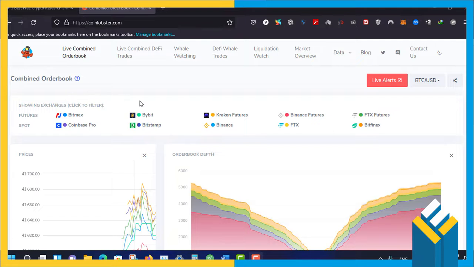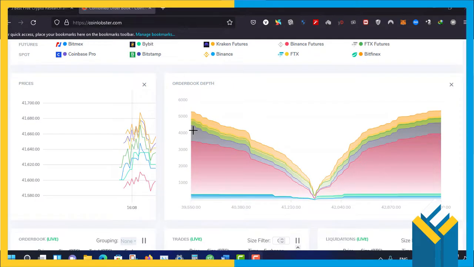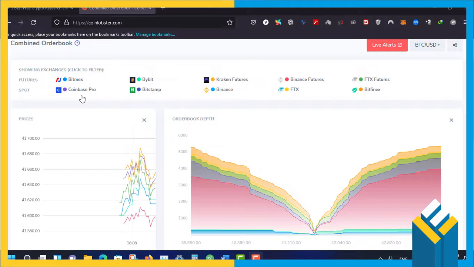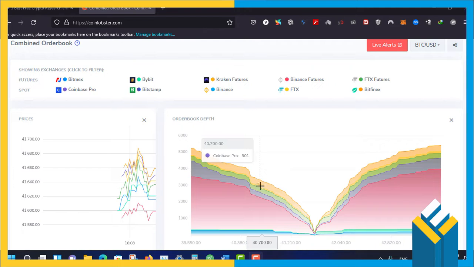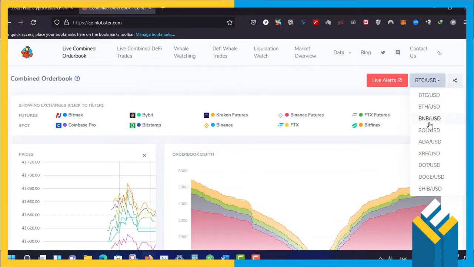It includes Bybit, Binance Futures, Binance itself, Bitstamp, Coinbase, and it's shown in a different color in every diagram. You can see what's going on with the makers and the takers here, and here you can select the pairs which you want to study in the market.